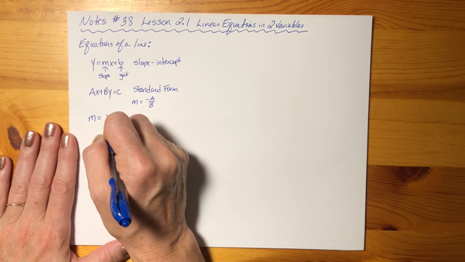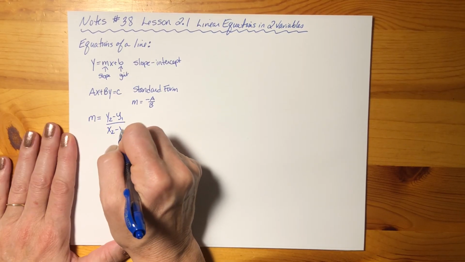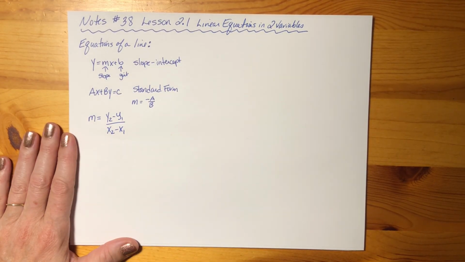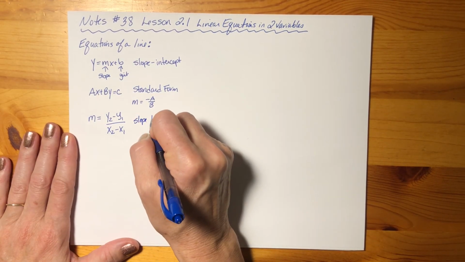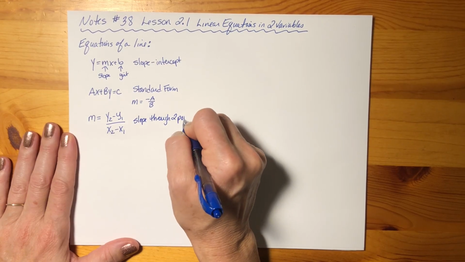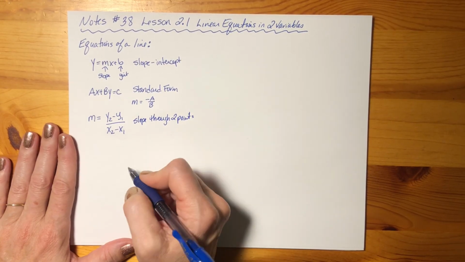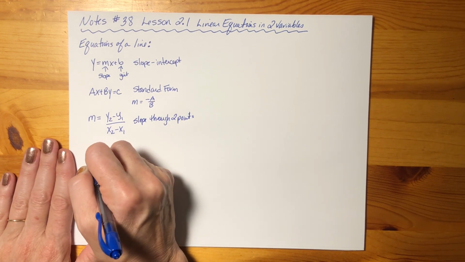Then we had the formula for slope between 2 points. m is equal to y2 minus y1 over x2 minus x1. Remember, x1 and y1, x2 and y2 are the 2 points, so this would be the slope through 2 points. And then the last one, my favorite one, is called point slope.